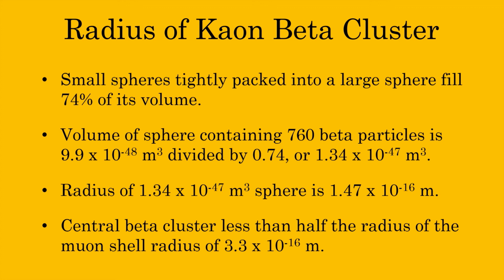A sphere of volume 1.34 times 10 to the minus 47 meters cubed has a radius of 1.47 times 10 to the minus 16 meters, or 0.147 times 10 to the minus 15 meters, which easily fits within the muon orbital shell radius of 0.33 times 10 to the minus 15 meters.